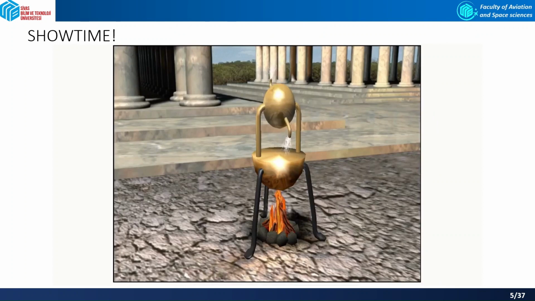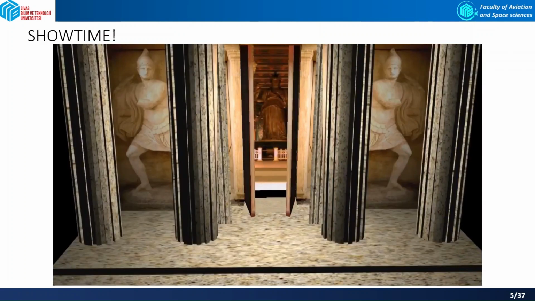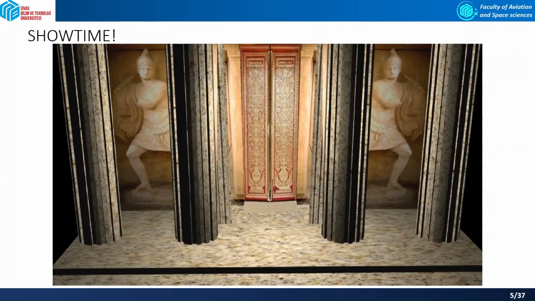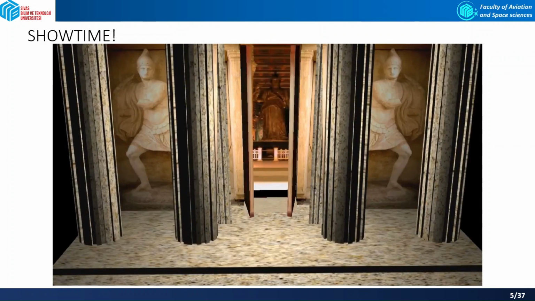Allowing the steam to escape through nozzles in two bent tubes mounted opposite one another on the surface of the sphere created thrust, which caused the sphere to rotate around its axis. It's alleged that Hero invented his engine while he was investigating different methods of opening the doors of a temple in Alexandria.